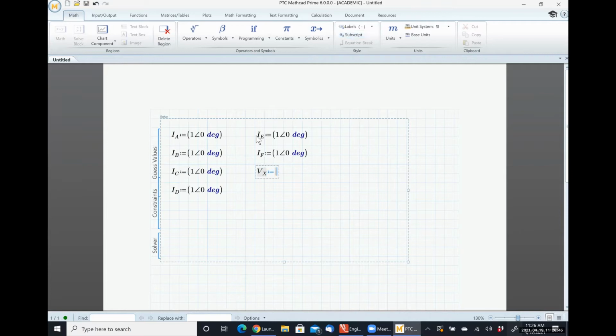Vx was the next thing I used, so that's going to be a voltage. So it's going to be, oh, so hold on.